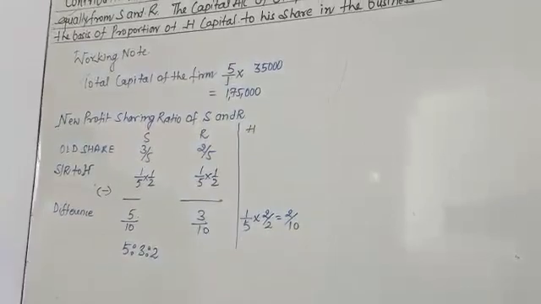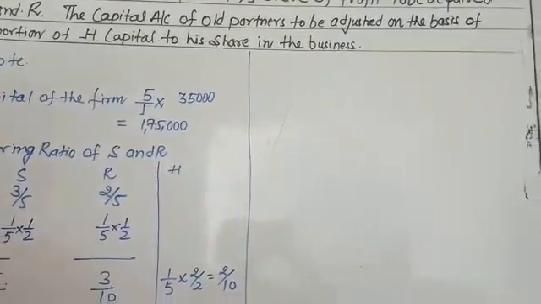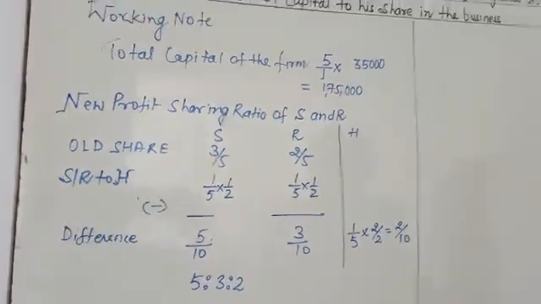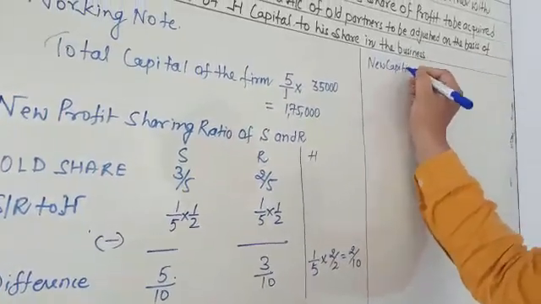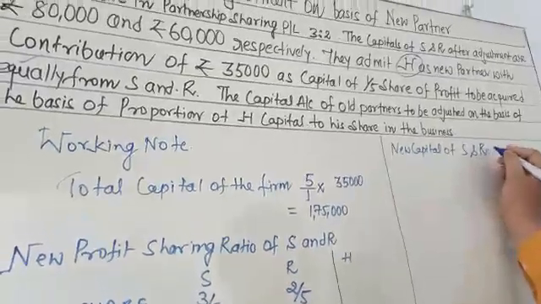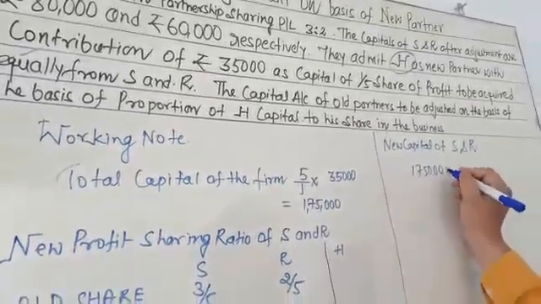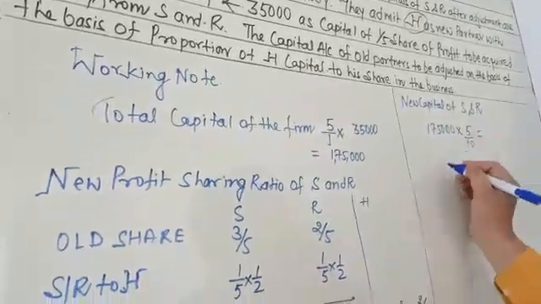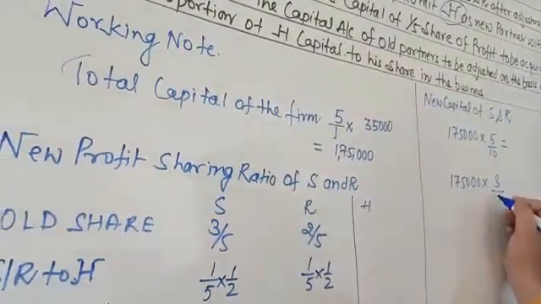So now you calculate the new capital of S and R. So you have to multiply 1,75,000 by 5/10, and 1,75,000 multiplied by 3/10.